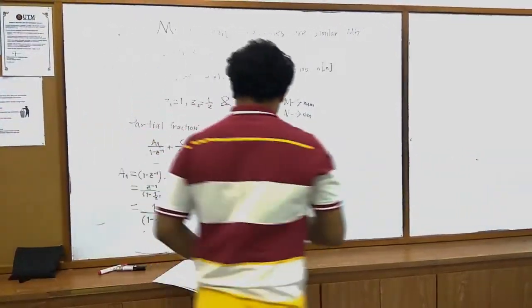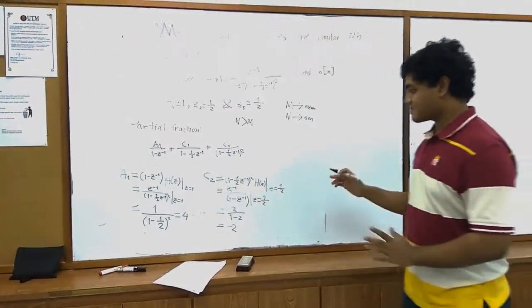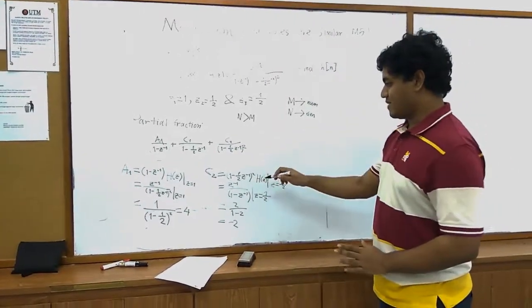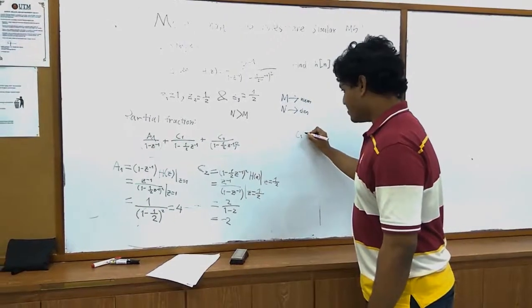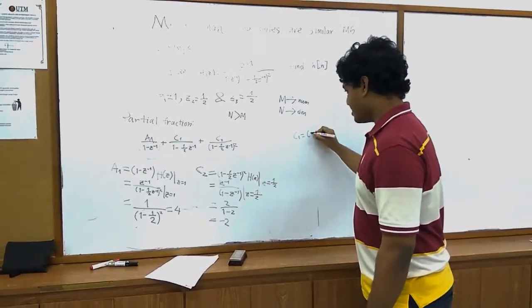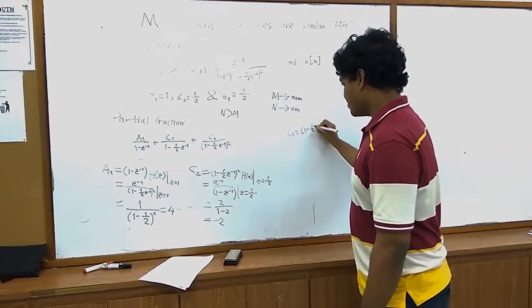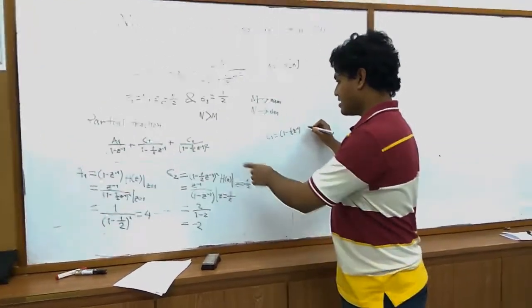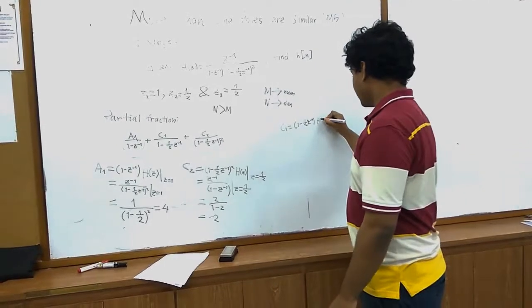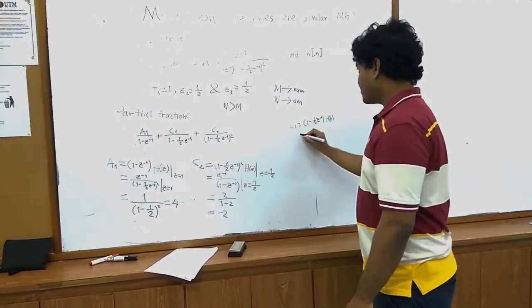Now, to find C1, we cannot use this method. For C1, if we multiply 1 minus 1 over 2 z to the power of minus 1 with H(z), what do we get?